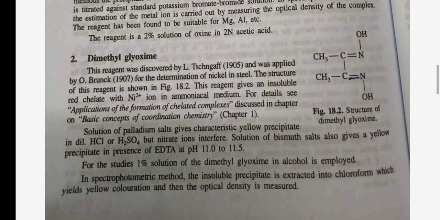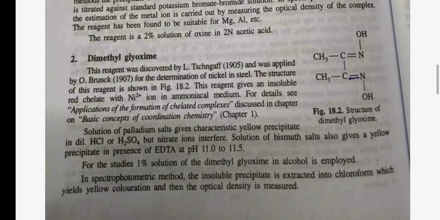Solution of palladium salt gives characteristic yellow precipitate in dilute HCl or H2SO4, but nitrate ions interfere. Solution of bismuth salt also gives a yellow precipitate in presence of EDTA at pH 11 to 11.5.